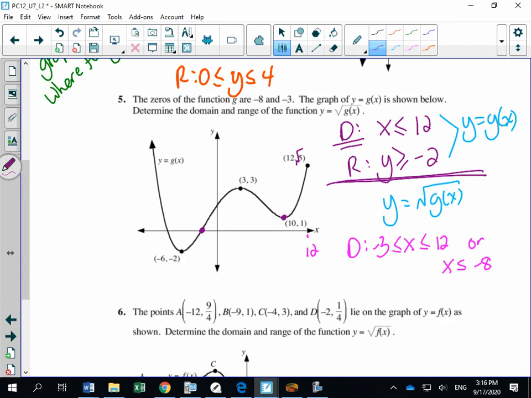So the new point will be at 12, 2.2. And this point, 3 comma root 3, is going to be at about 3 and 1.7. So my new graph is going to go something like this, to there. So that's going to be my transformed graph.